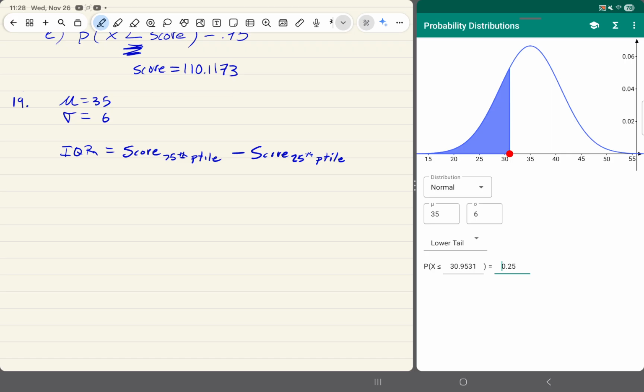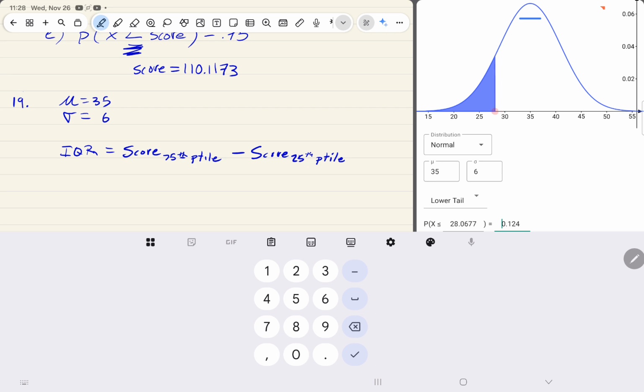So again, if we're using the calculator, our lives are much easier. So we start out, as I've done over here on the right-hand side of the screen. I've entered that mean value of 35, the standard deviation of 6, and I'm interested in the value at the 25th percentile. Oh, because there's just scores.